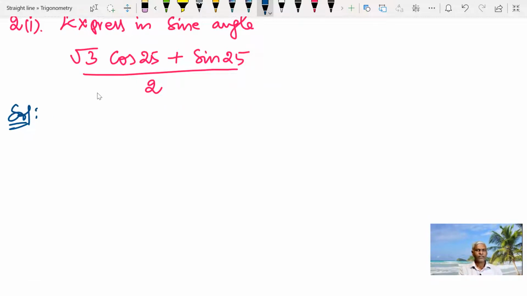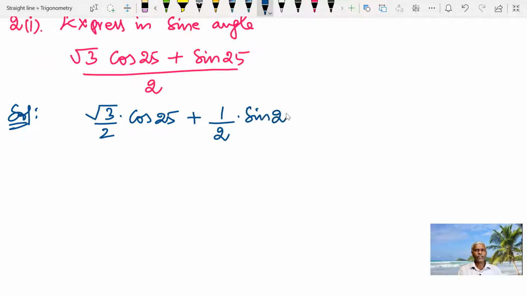Solution. I am taking √3 by 2 cos 25, separating the denominator 2, plus 1 by 2 into sine 25.